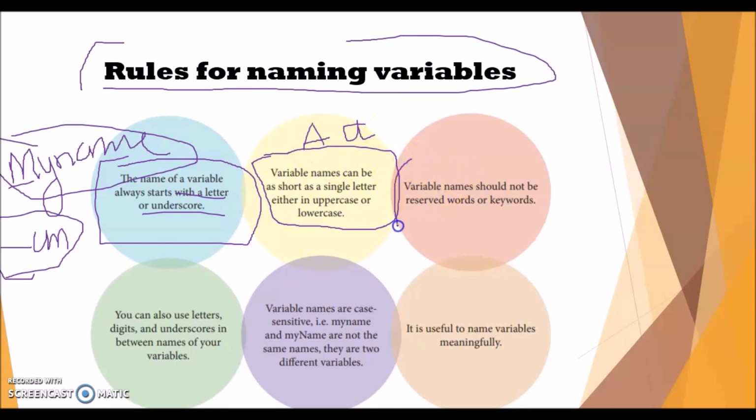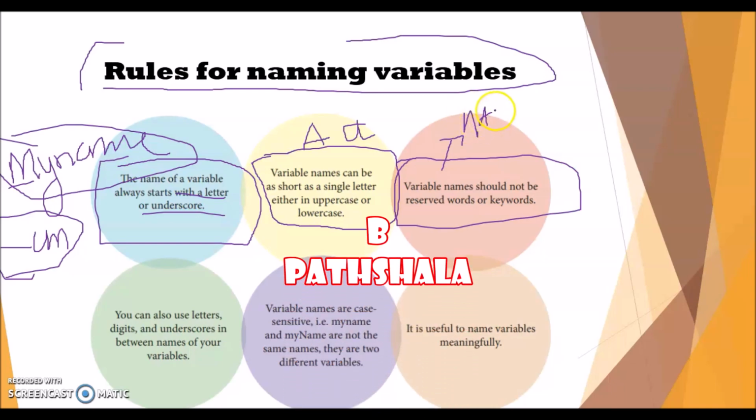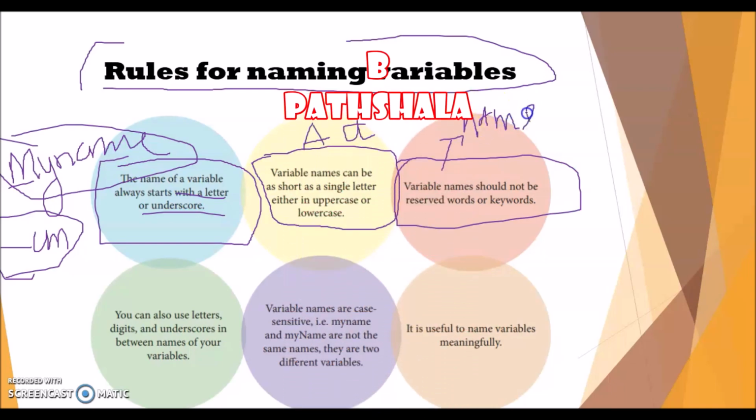Next, variable names should not be reserved words or keywords. We use reserved words or keywords in the program, but we can't use them as a variable name. Why can't we? Whenever we use any variable, we want its definition. How to define it? Suppose I use this variable name, name equals to, and I can use single or double quotes.